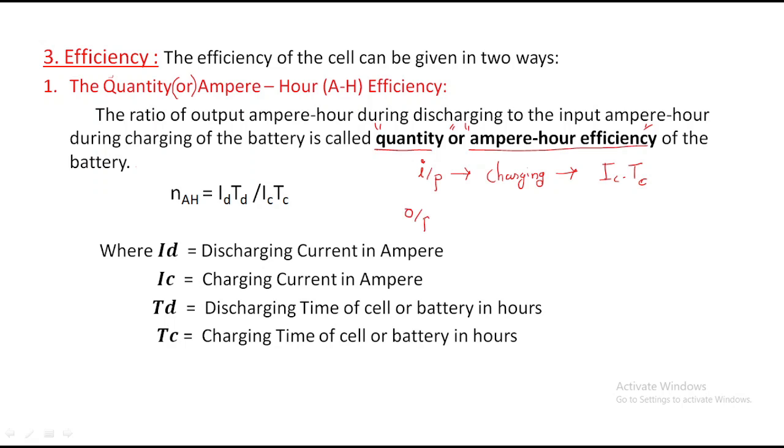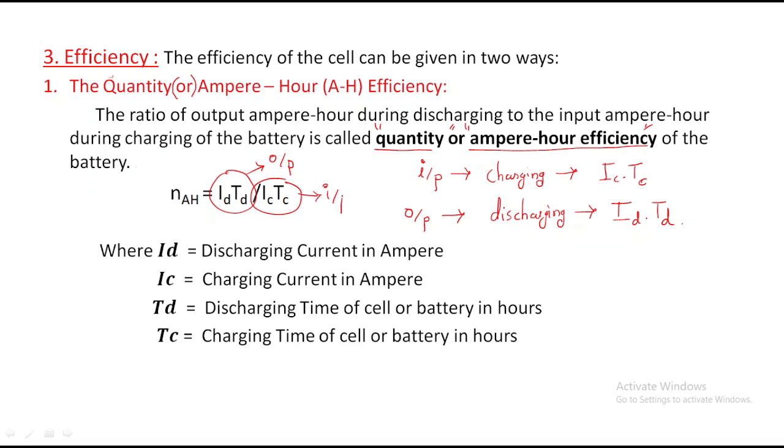What is the output of the battery? The output is represented in the discharging process, that is discharging current into discharging time. So the ratio of this IDTD, the discharging output, to the input.